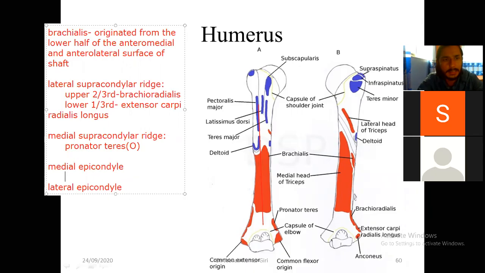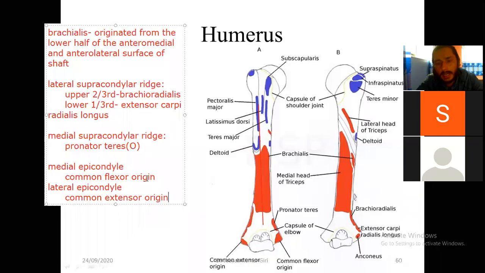So in the medial epicondyle there is the common flexor origin. Similarly, in the lateral epicondyle, there is the common extensor origin. In the anterior aspect, but in the posterior aspect you will see one more muscle, that is the anconeus.